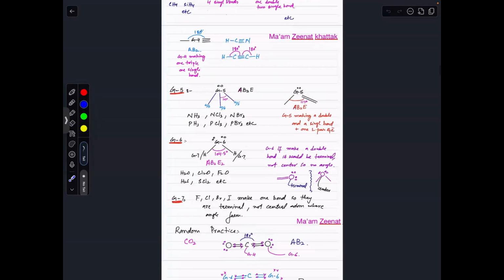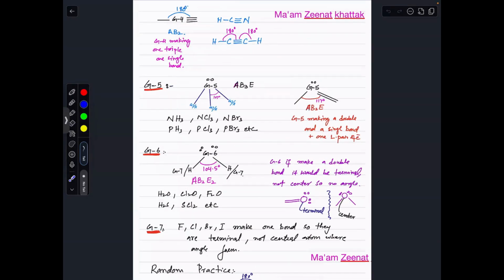Group 5, making 3 single, 1 lone, because group 5 has how many electrons? 1, 2, 3, 4, 5. If 3 single, 1 lone, and what is the other possibility? 1 lone and 2 shared, one is double and 1 is single.